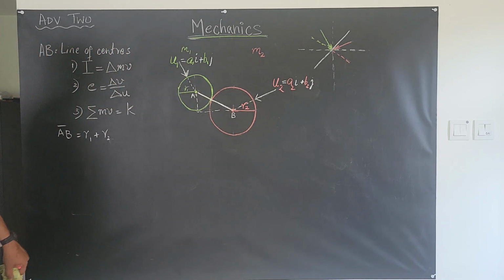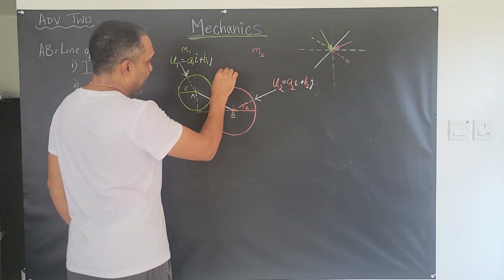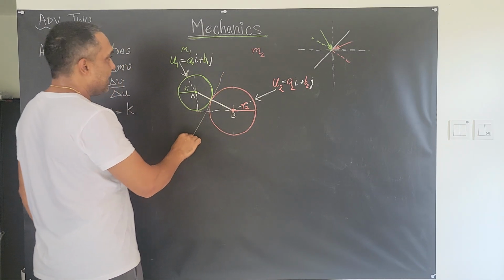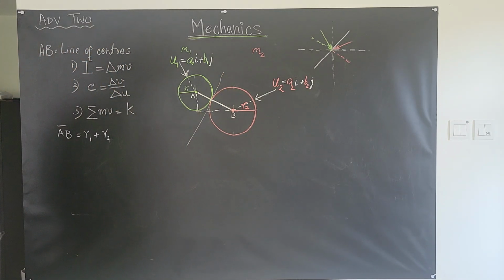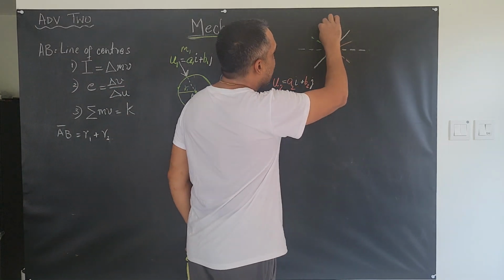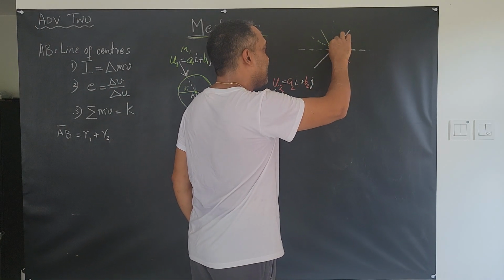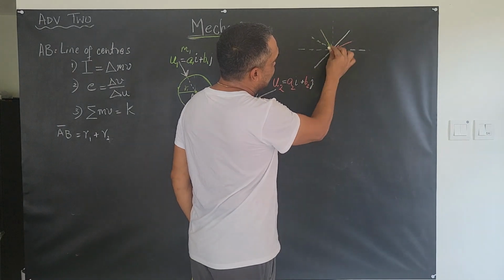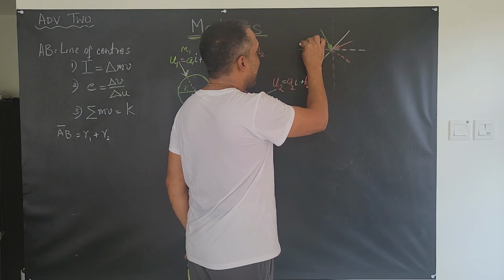You want to know the perpendicular to the line of centers. What happens perpendicular to the line of centers? I've extended it here: if this is that perpendicular line and a force is visualized like this, then the normal collision is along the line of centers, and then you see the deflection happening here.